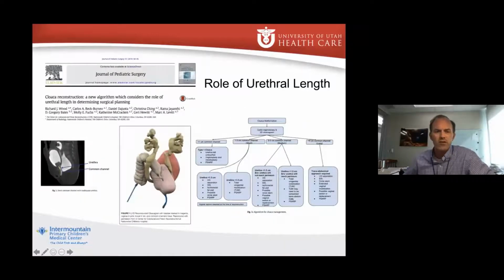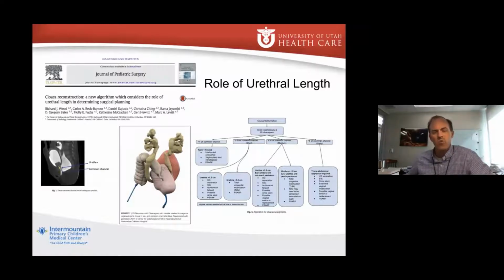More recently, though, out of Nationwide's, where Dr. Levitt moved to and created a colorectal center there, they've been looking at the role of urethral length in these cloaca repairs. It was actually really interesting.